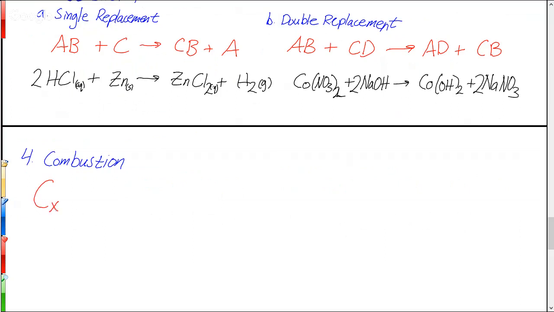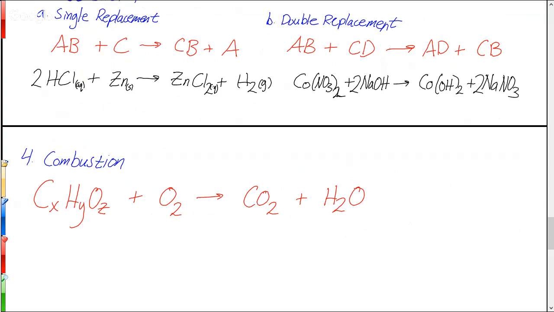So if we wanted to be generic, we could say something like this, some kind of compound made of carbon, hydrogen, oxygen, with any ratio of those, that's why X, Y, and Z. And that's reacting with oxygen gas to form carbon dioxide and water. And usually a large amount of energy too, so exothermic reaction.